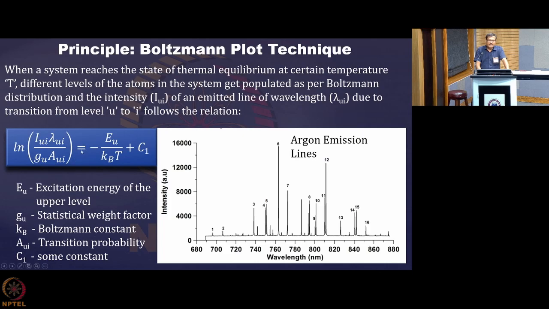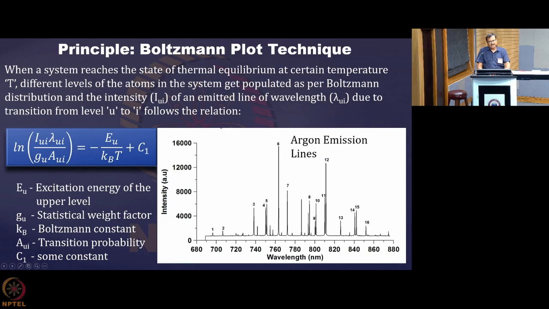EU is the upper energy level and T is the temperature, and as you know there will be some constant C which absorbs the rest of the parameters. So finally, if you are able to note the intensity of the line, you get a relationship of this kind which relates the intensity with the upper energy level.